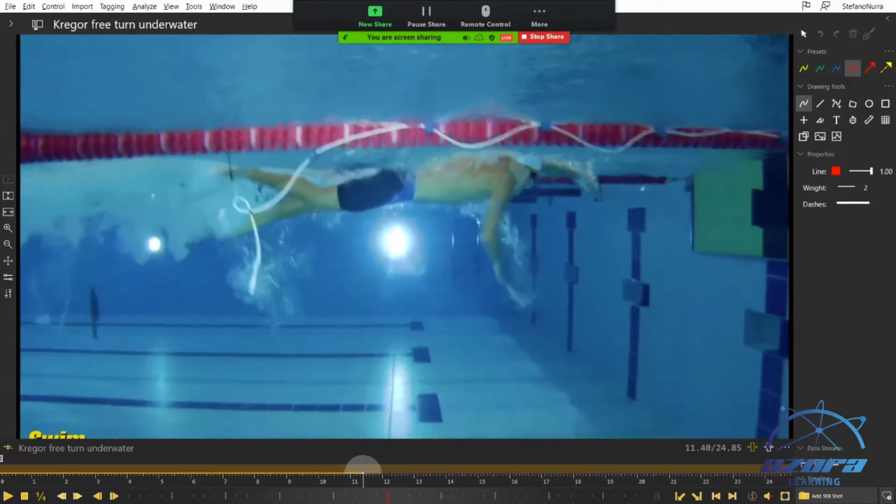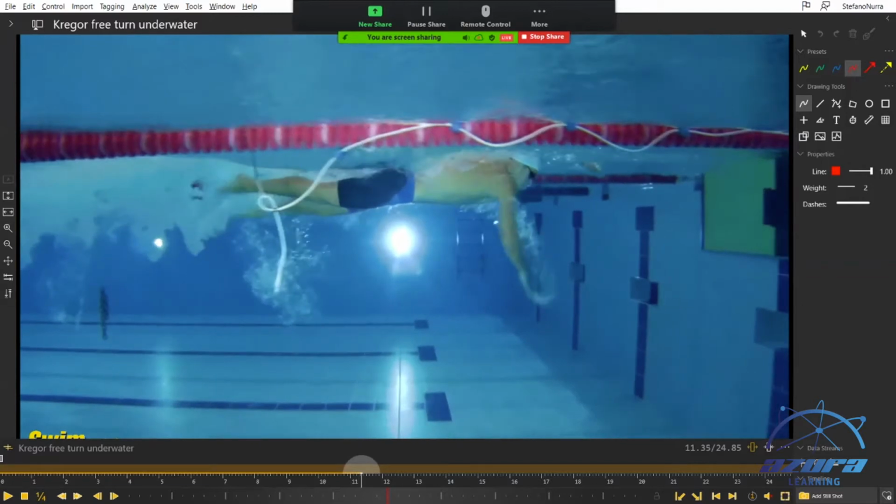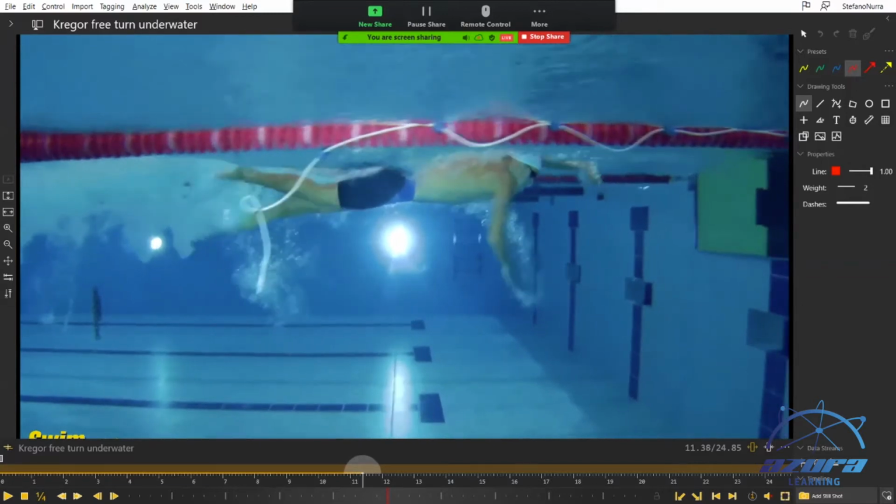Some swimmers, maybe above all the young swimmers, sometimes stop one arm here and wait for the other arm, so they are doing a double push. I don't think it's a good solution, because for sure they push more, but before that they slow down, so we are losing the continuity.